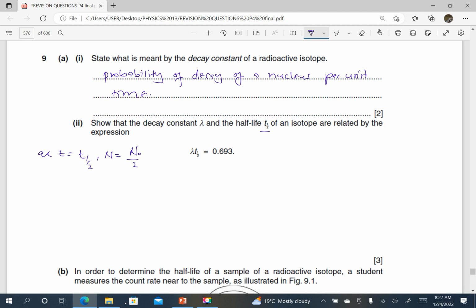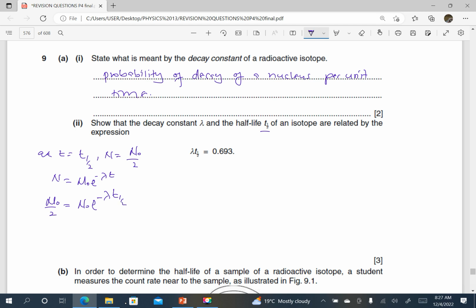Let's say N0 is the original. And remember the equation, N is equal to N0 e power negative lambda t. We are substituting the above conditions. So N will be N0 over 2, being equal to N0 e power negative decay constant, and the t is T1/2.